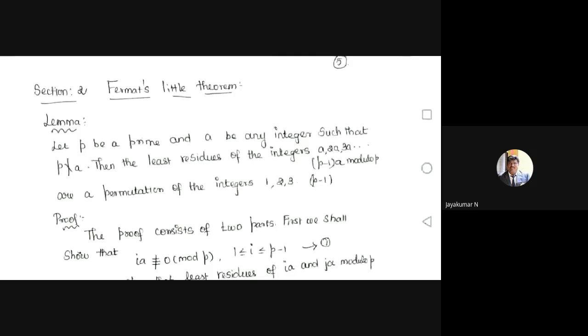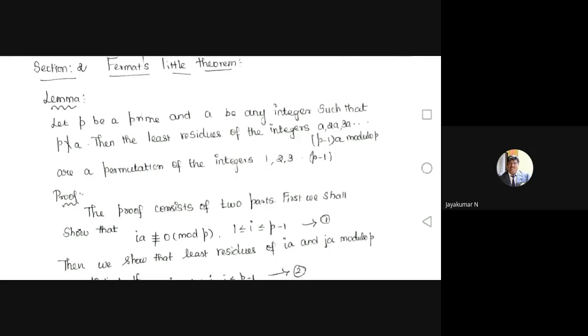Let p be a prime and a be any integer such that p does not divide a. Okay, p does not divide a means a is not equal to 1, and also a is not equal to p.